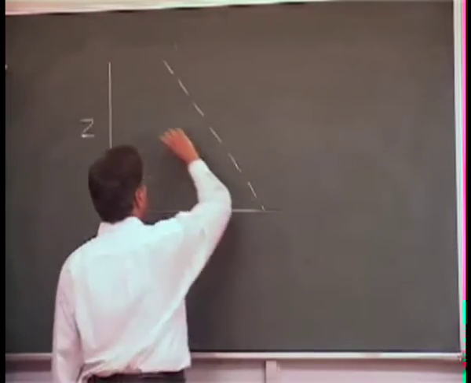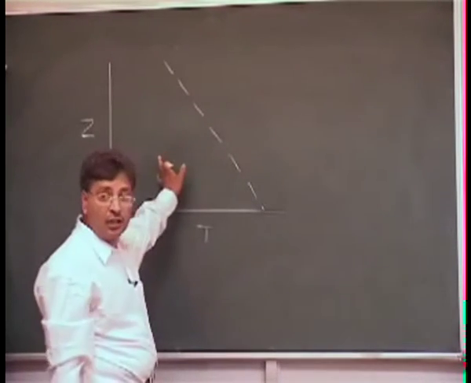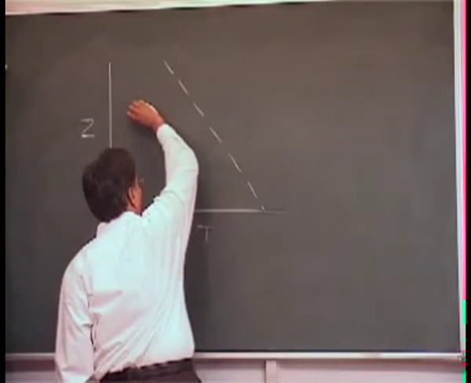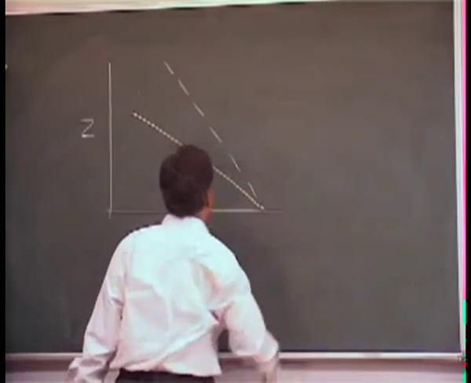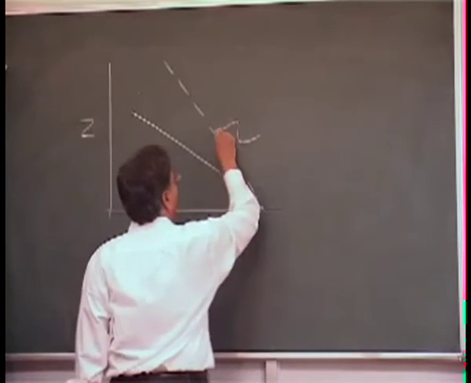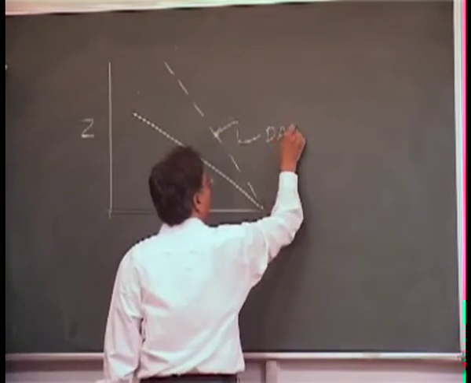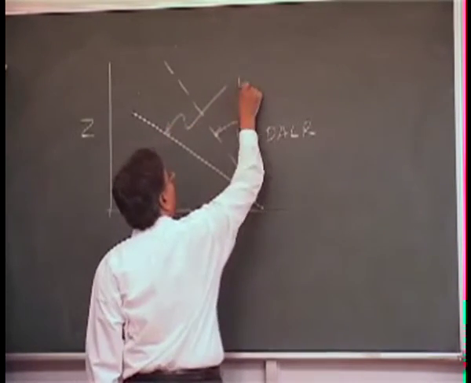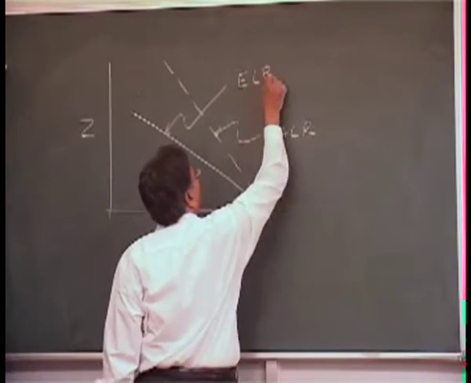The third situation which can be there is the temperature is decreasing rather rapidly. So this is my DLR.